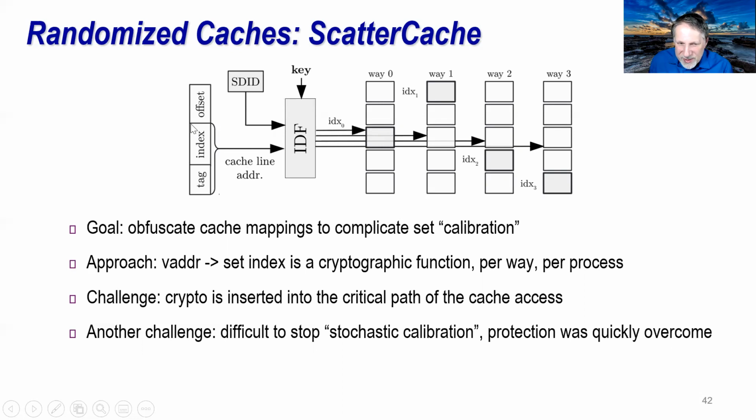Well, what you do is you take the tag and the index, you put it through a cryptographic function, and then that maps you to a random location in the cache. It's consistently random. So once you go and access that storage again, you go to the same spot. But it basically makes the mapping of a block to its location in a cache a cryptographically hard function.